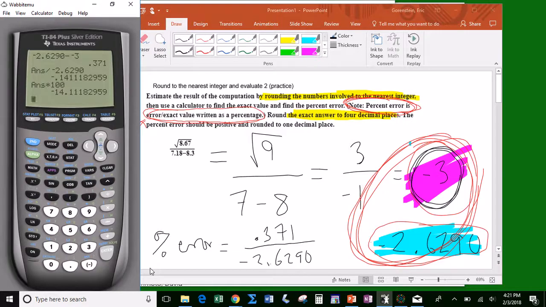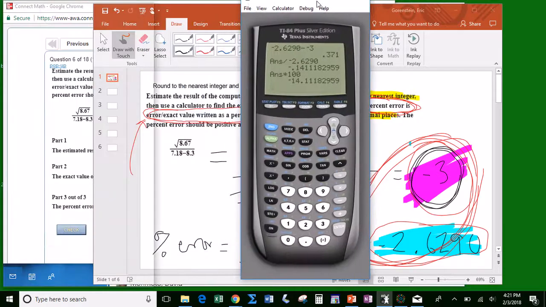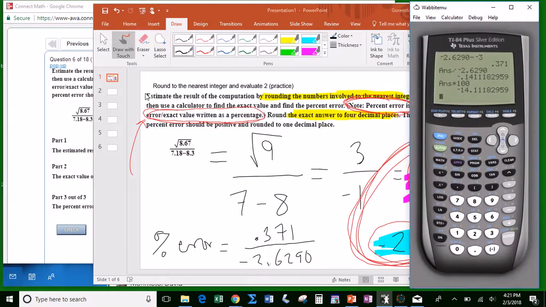So now we have negative 14.1%. The negative is sort of not entirely necessary. This is saying our exact answer is 14% below our estimate, or our estimate is 14% above our exact answer. Let's verify that this is right.